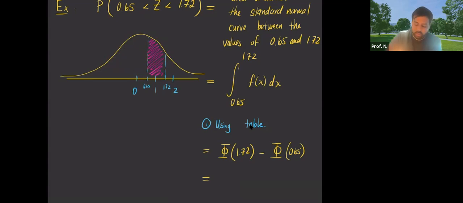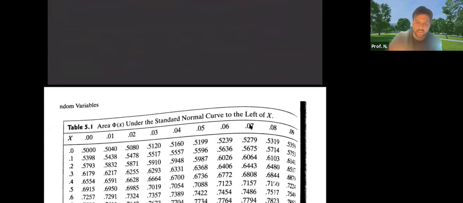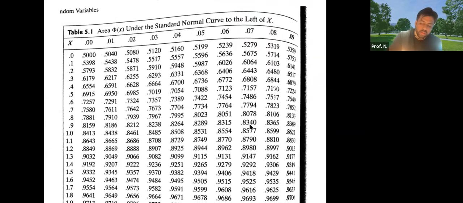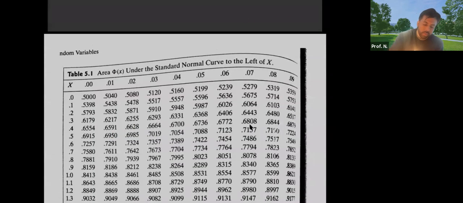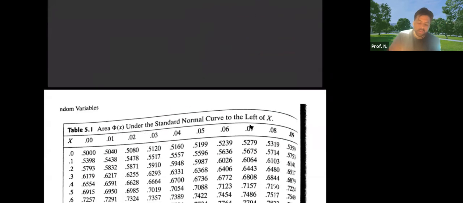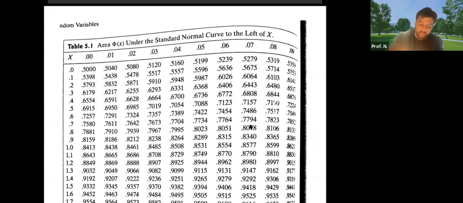So then let's do that. What is the area to the left of 1.72 using the table? So 1.7 and then 0.2. This 2 here would indicate it would be 0.9573. So the area would be 0.9573. Subtract that from the area to the left of 0.65.